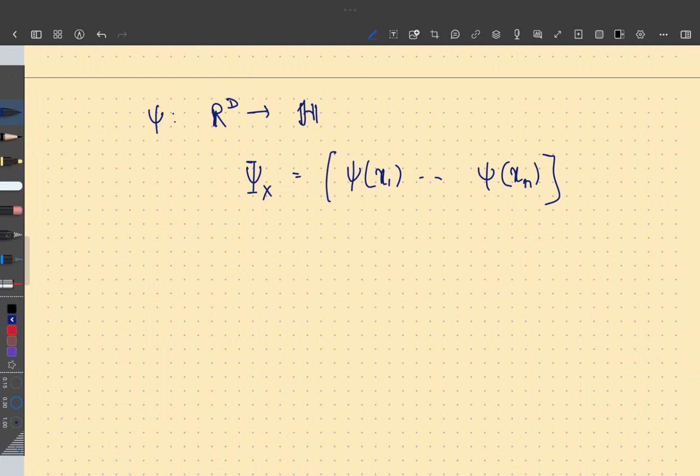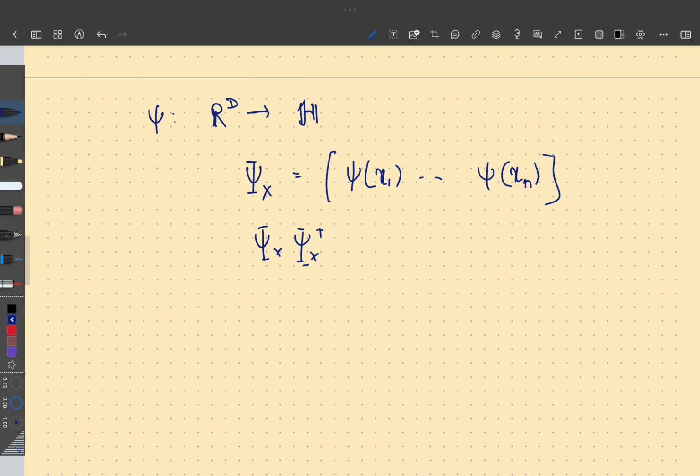So now if I want to compute psi x transpose, right?